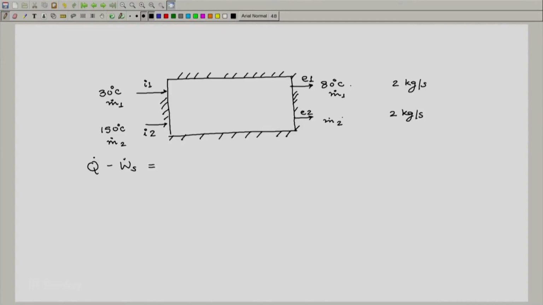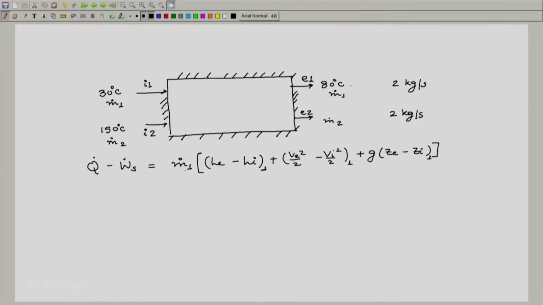M dot 1 at inlet is the same as m dot 1 at the exit, it is a steady state problem. So, we write separately for m dot 1 times He minus Hi plus Ve squared by 2 minus Vi squared by 2 plus g ze minus g zi, and all of this for stream 1.